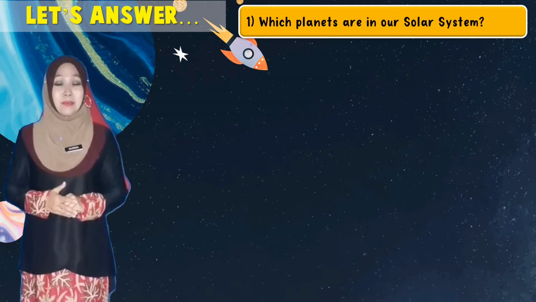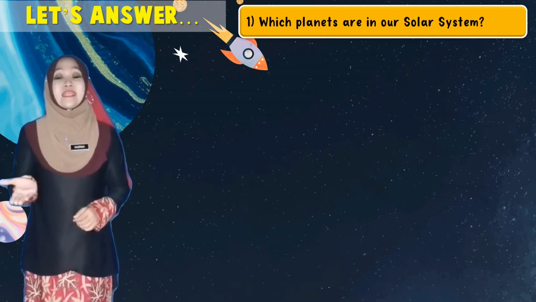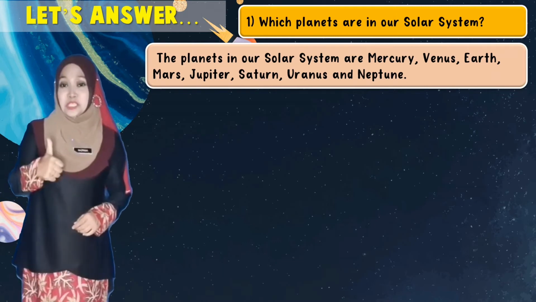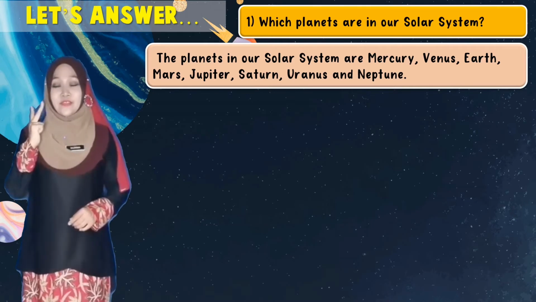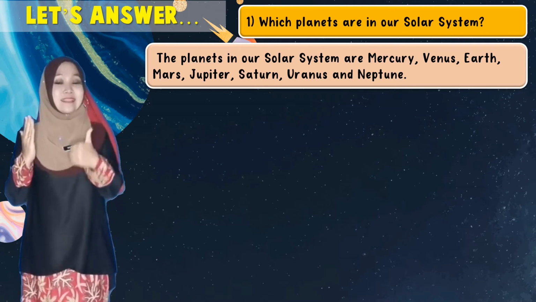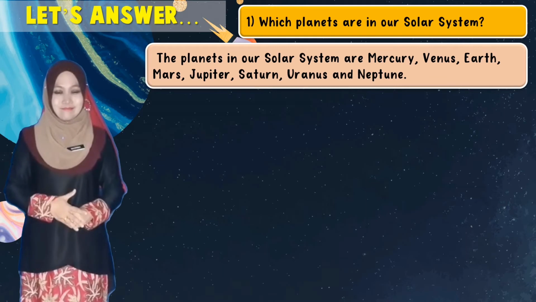Do you still remember the answer? The planets in our solar system are Mercury, Venus, Earth, Mars, Jupiter, Saturn, Uranus, and Neptune.